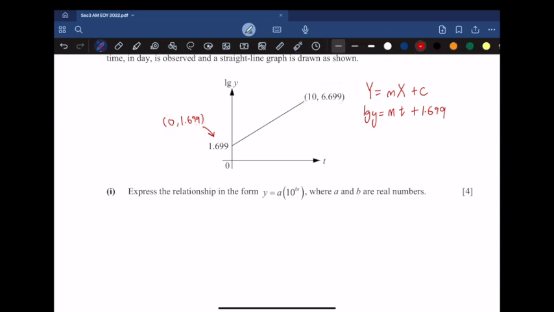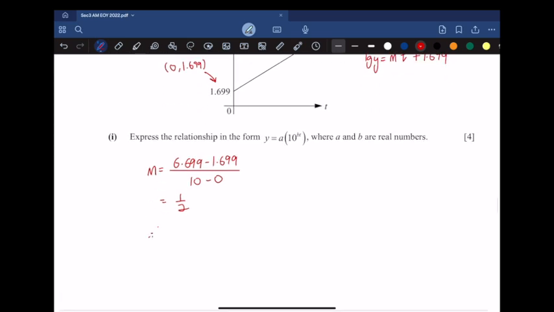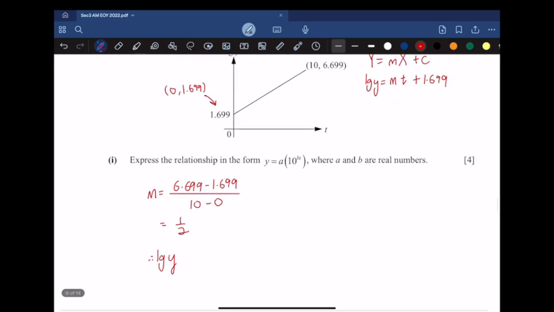Over here m is simply (6.699 minus 1.699) divided by (10 minus 0). I will get a half. So we have found the value of m. Very simply, log y = half t + 1.699.